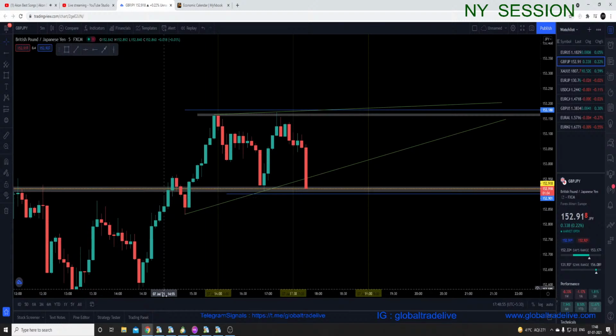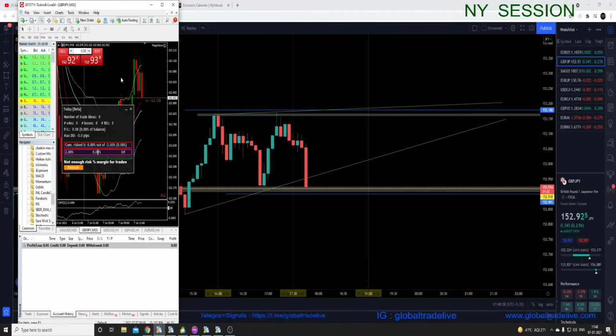I think we can. Look, the 30-minute candle just crossed below this level over here. So I think this will be a good level to execute the sell. This candle will be closing in a few seconds.